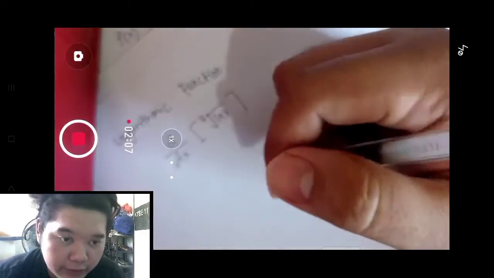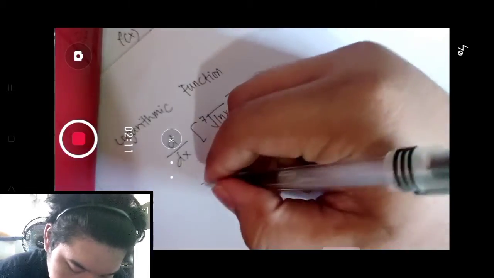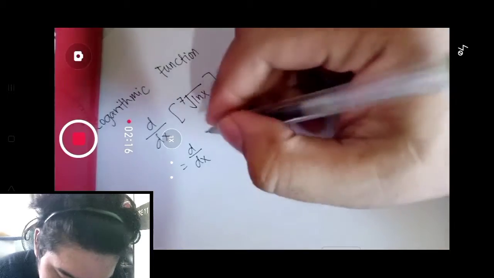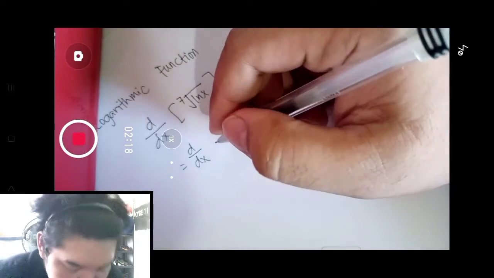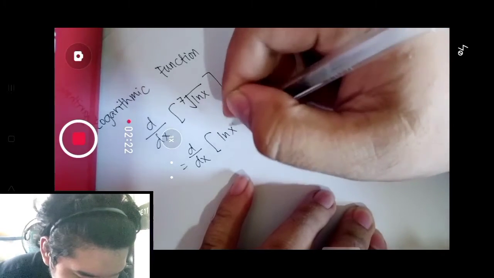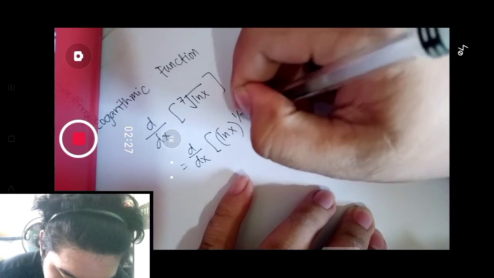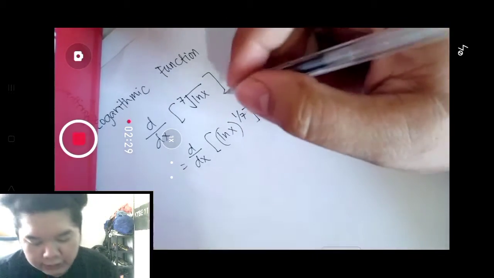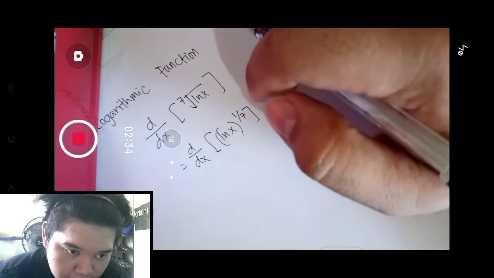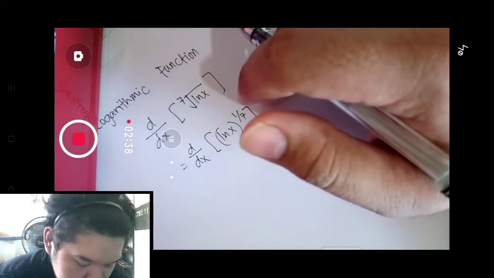First thing we're going to do is rewrite the equation again. To rewrite the 7th root of ln x, it becomes ln x raised to 1 over 7.